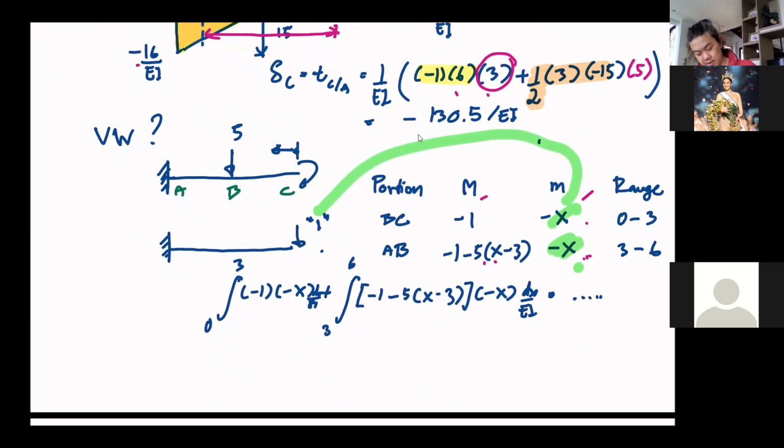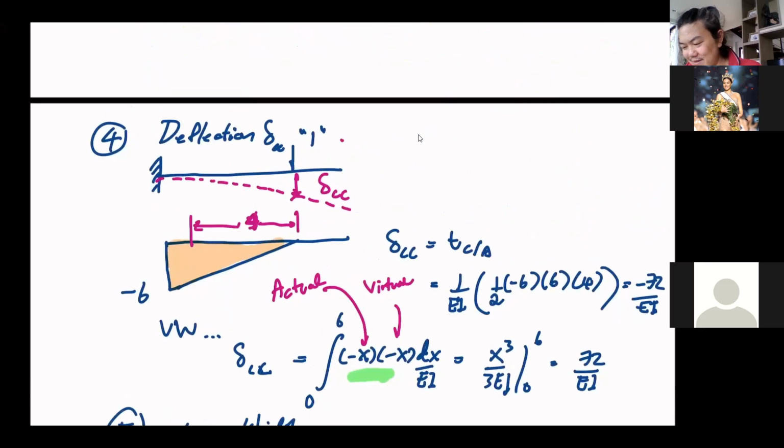Oh, good gracious me. Now it's even crazier because, yeah, that's it. I took another example from this, which was done maybe 15 years ago. And the next one, I did it with the conjugate beam method, crazy enough.